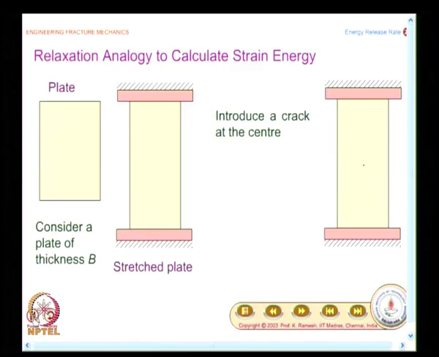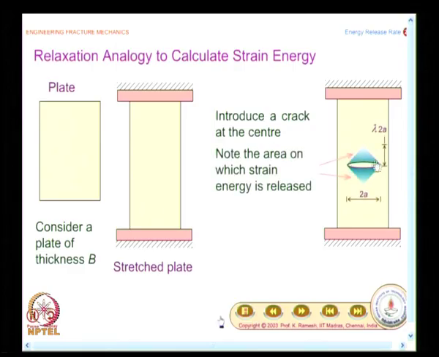We will look at how the crack is put in, and for the formation of these two surfaces, some energy would have come out of the strain energy of the stretched plate, and we will have to calculate this quantum of energy.